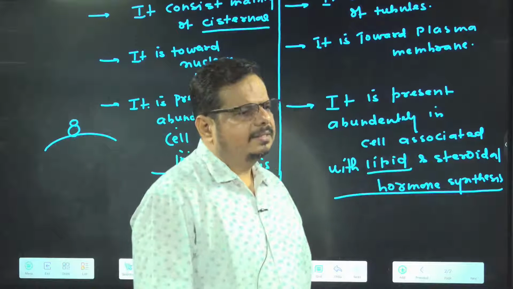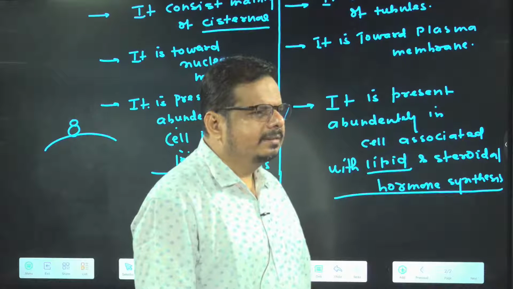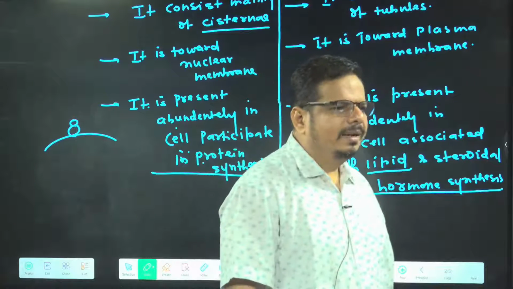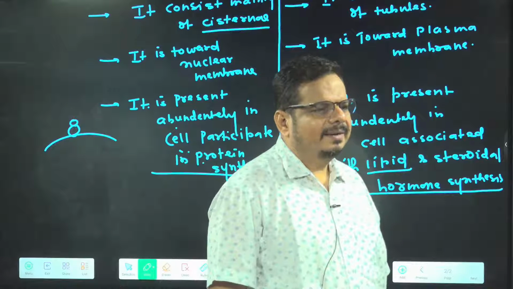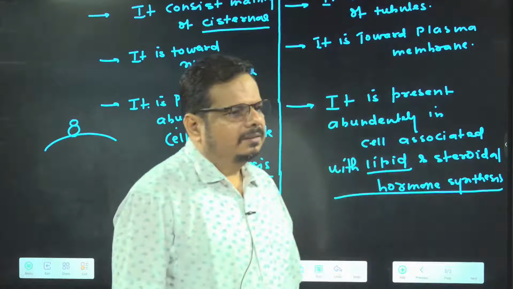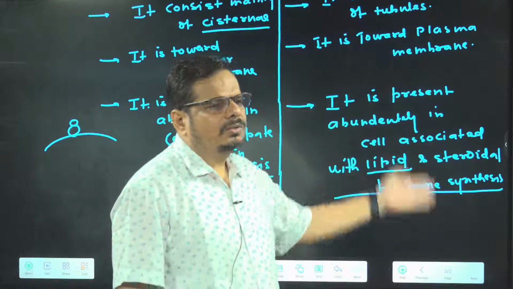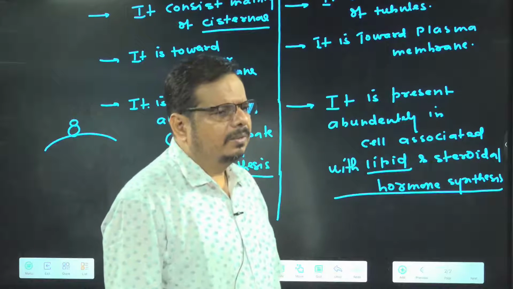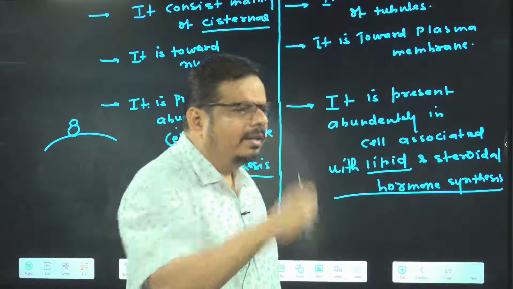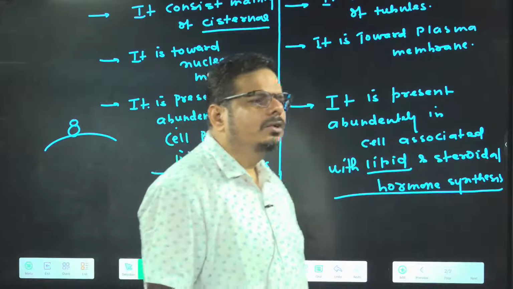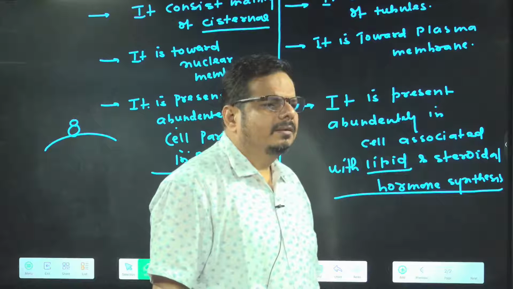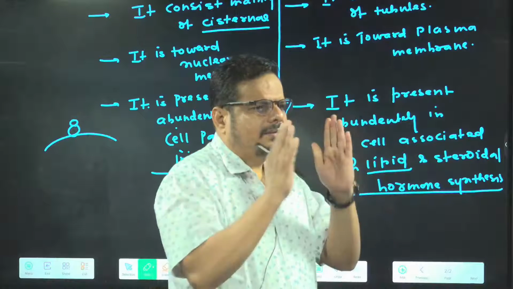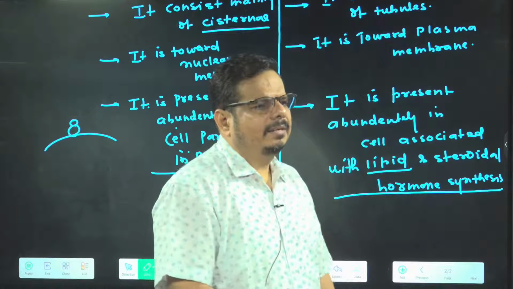RER is present in cells involved in protein synthesis, like liver cells, where many enzymes form. Getting the idea or not? If you talk about lipid synthesizing cells, able to understand? In a steroidal hormone synthesizing cell, who is present abundantly? SER is present abundantly.